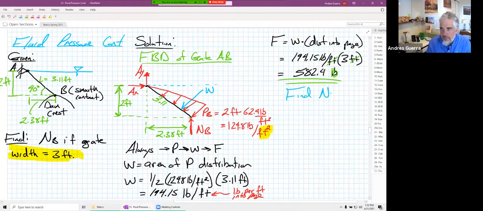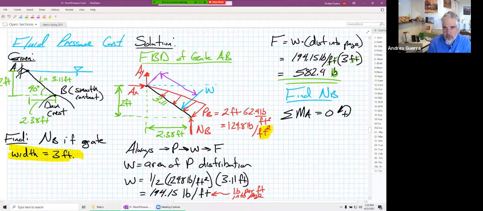We can find the normal force at B by summing moments about A equal to 0. And I think we should have all of our distances here. We know where NB is. Oh, W. Where is W? If we want to find the perpendicular distance, that would be the distance that I'm drawing in purple right there.